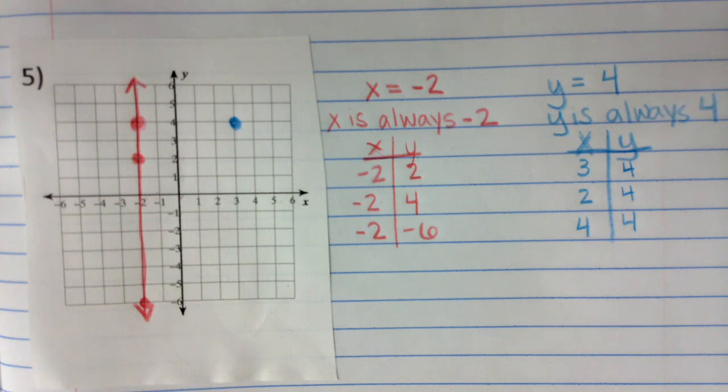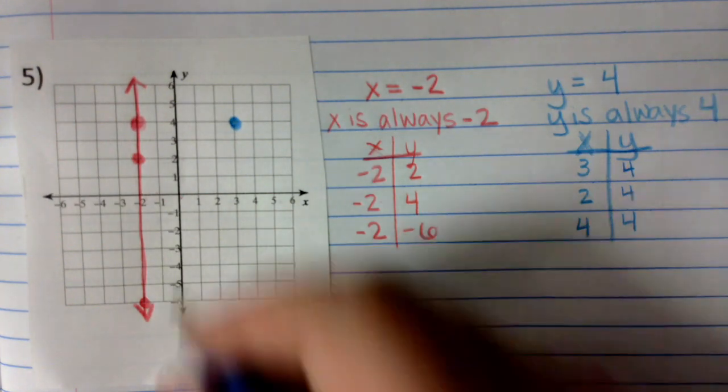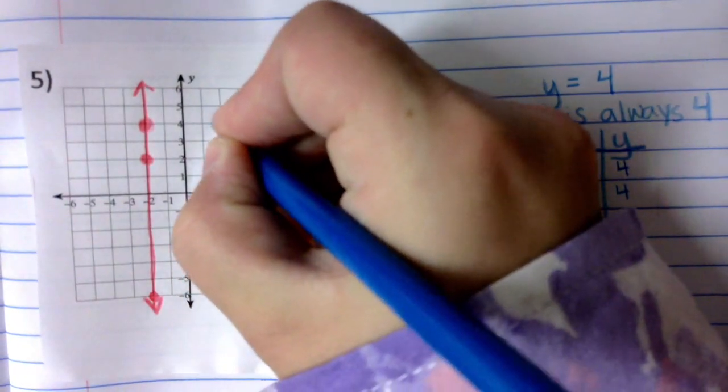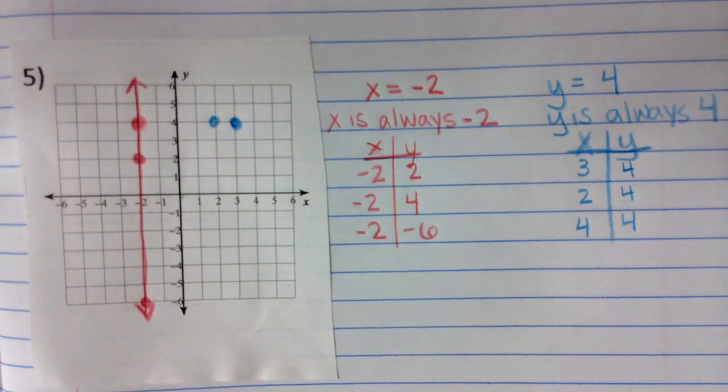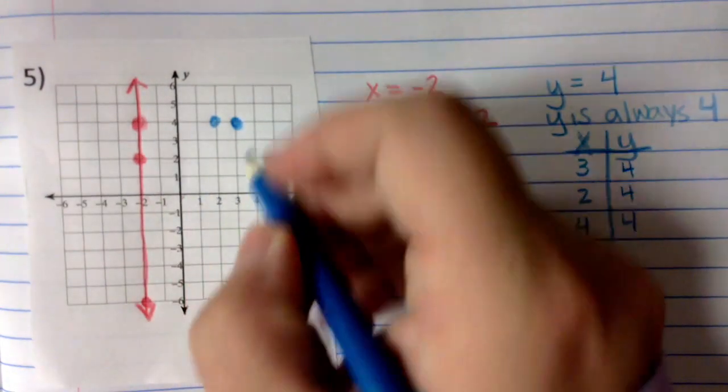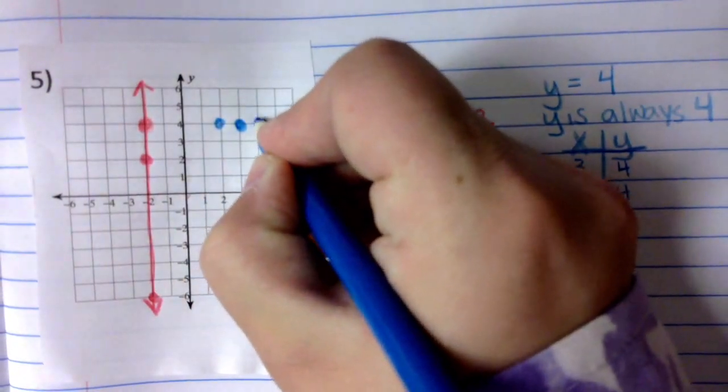And then 4, 4. Right 4, up 4. So this time, what kind of line do we end up with? What do we call a line that goes straight across? It's a 0 slope, but the name of the line is just horizontal.